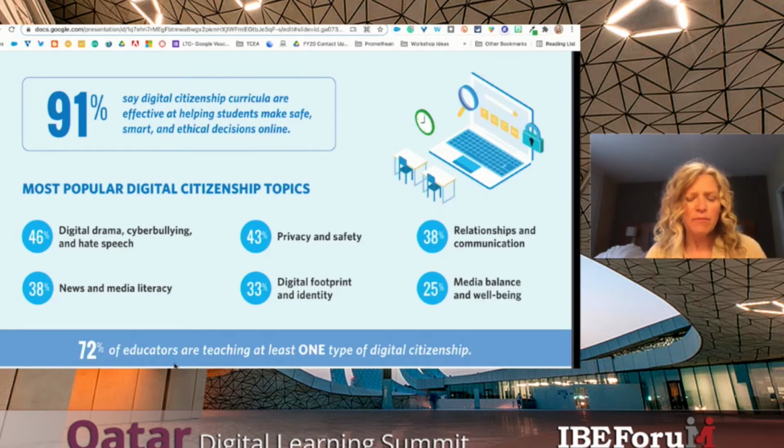Sometimes the common theme is, I don't have time to teach this, or I don't have the tools necessary to add digital citizenship into my already packed curriculum. We'll talk about some strategies on how you can implement that and where some resources are, since teachers, who are already strapped for time, don't have time to go and research all of this.